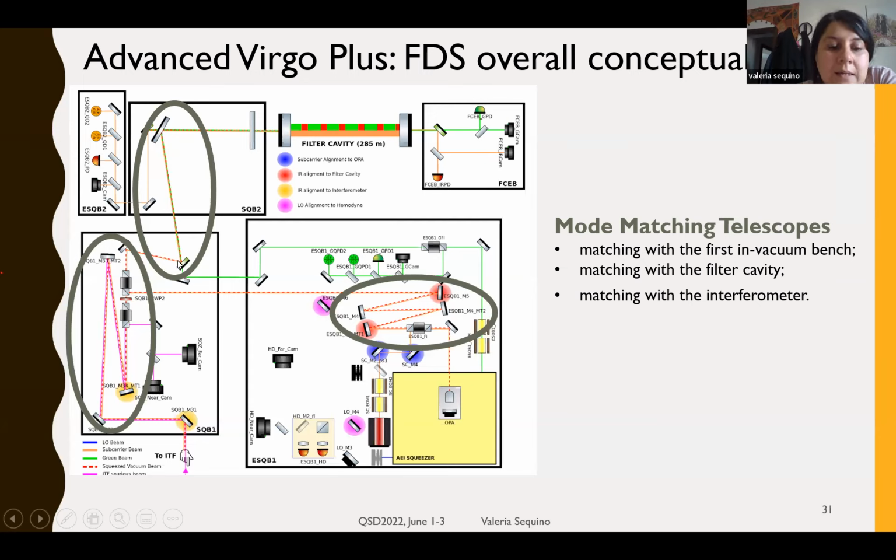We have another mode matching telescope that is composed of 2 curved mirrors, each placed on different suspended benches. In fact, I will show how we did this system. And finally, on this suspended bench, we have the telescope to adapt the beam to the beam of the interferometer.